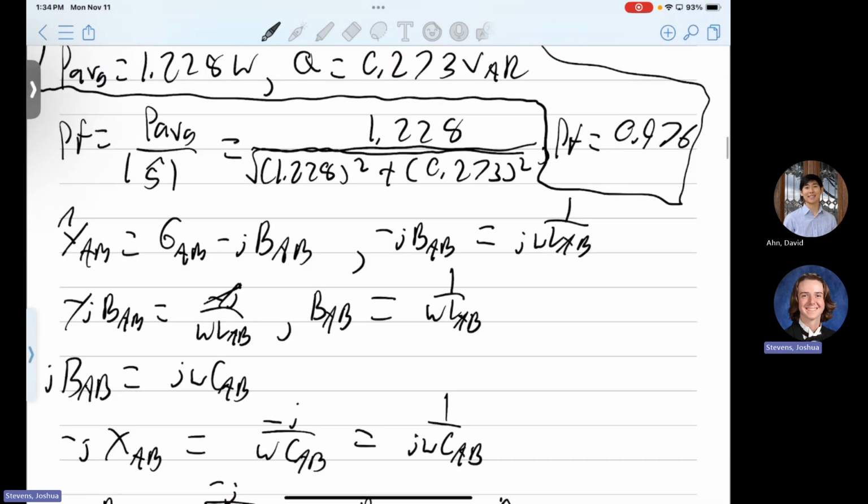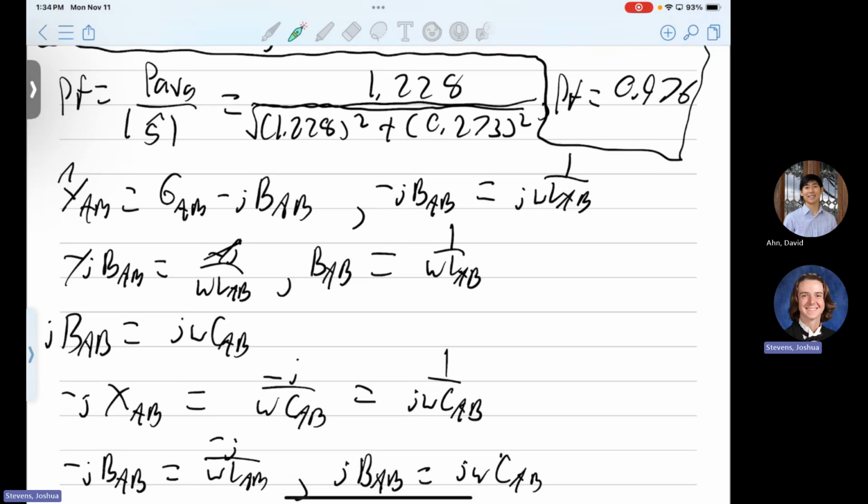Since we have that negative susceptance, like I was talking about, we are saying it's going to be an inductive load. We have a negative susceptance, and that is equal to negative j over omega L_AB. So we cancel out the negatives, and your susceptance is simply equal to 1 over omega L_AB.